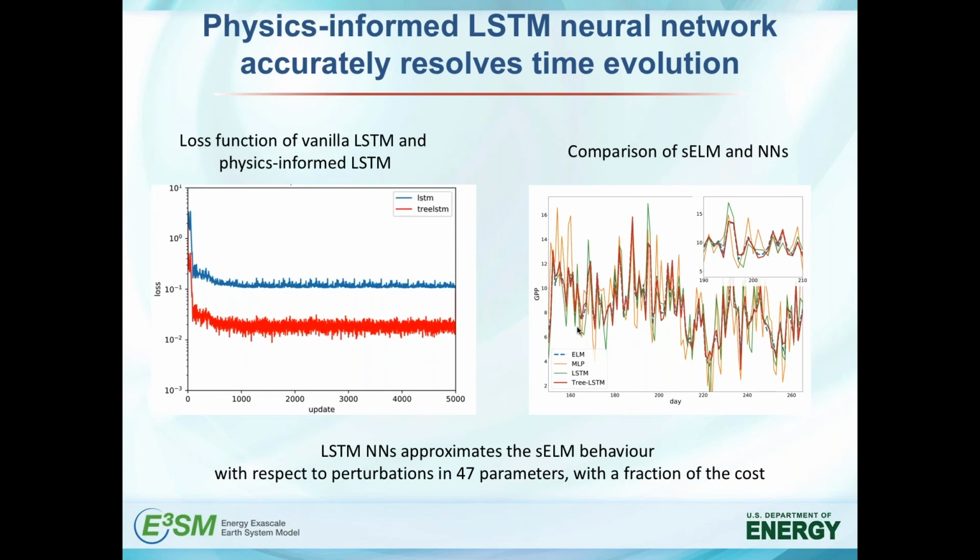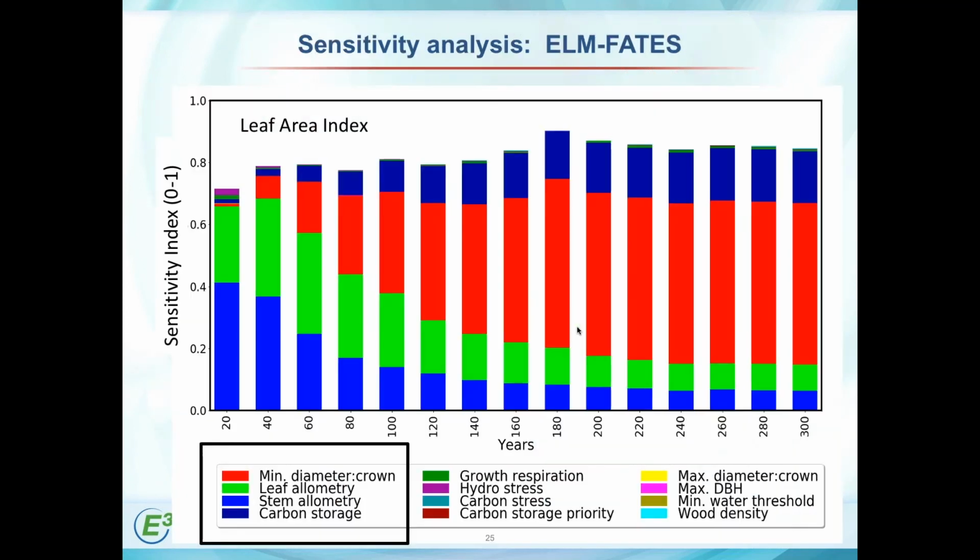So I'll also talk briefly about some of the work that we're doing with ELM-FATES, and that's quite a bit more complex than the plain vanilla ELM that we've been working with in the past, and so it contains a lot more parameters. We're looking at doing sensitivity analyses at a boreal site in Alaska, and looking at how these parameter sensitivities vary as a function of time.